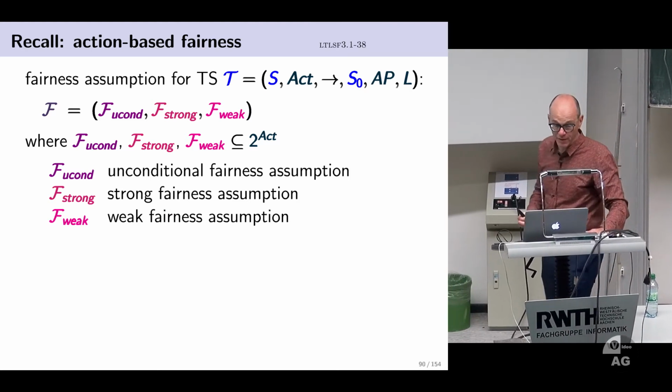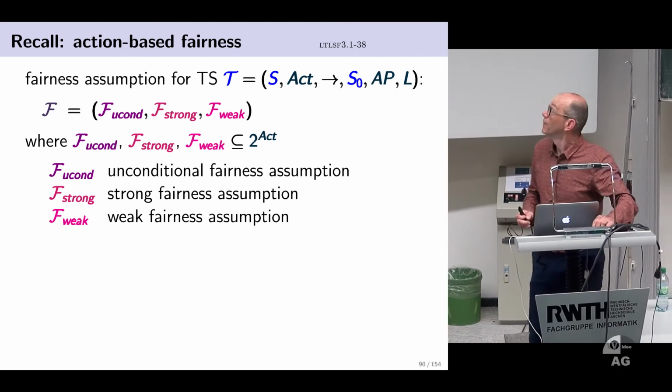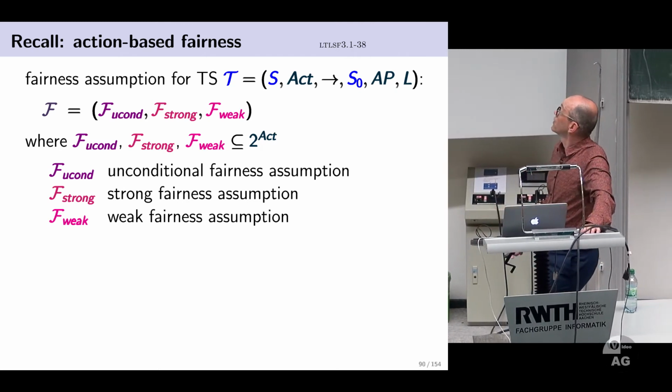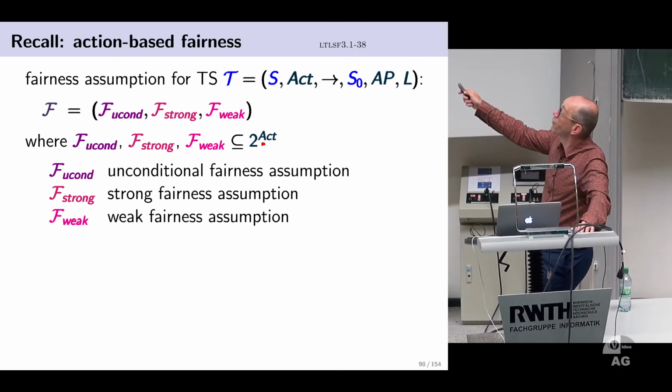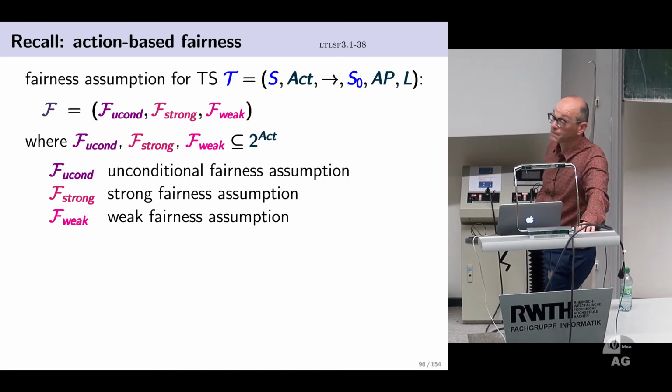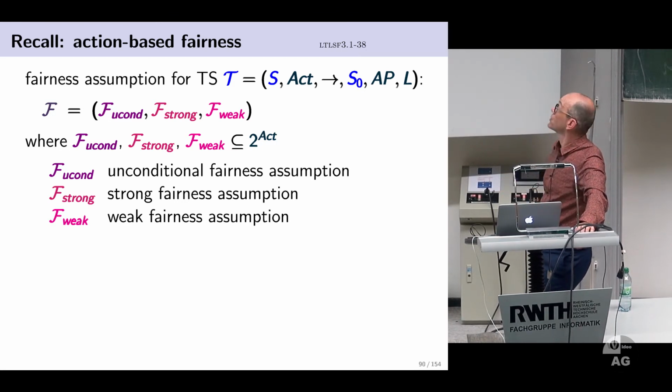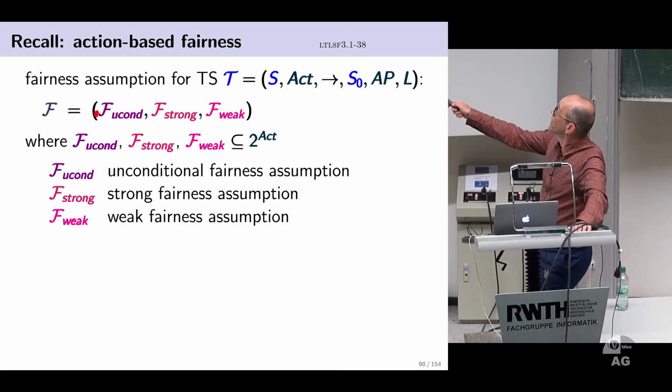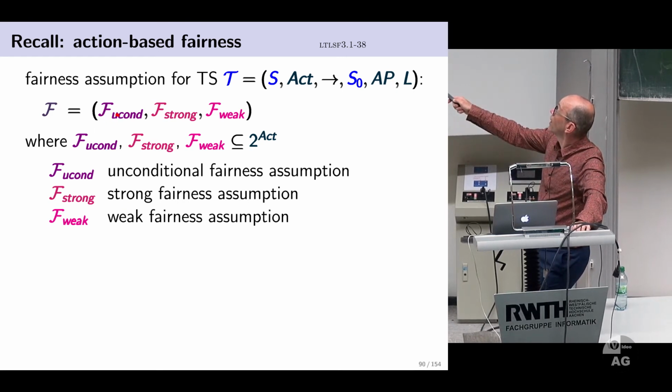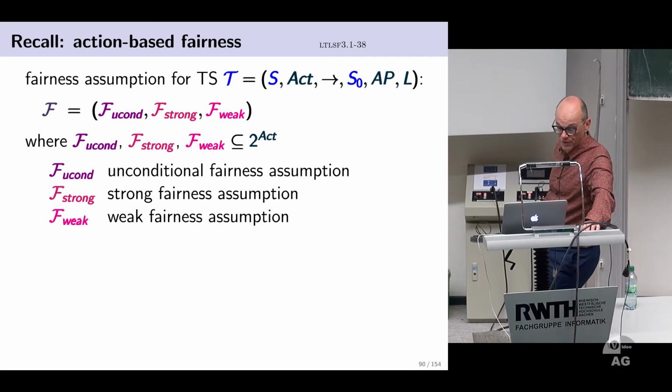How did we define them? We defined them in the following sense: a fairness assumption is a set of sets of actions, and we allowed the arbitrary combination of those things.